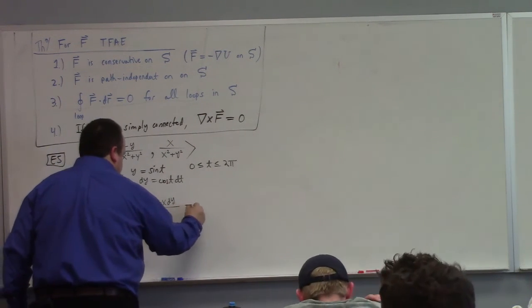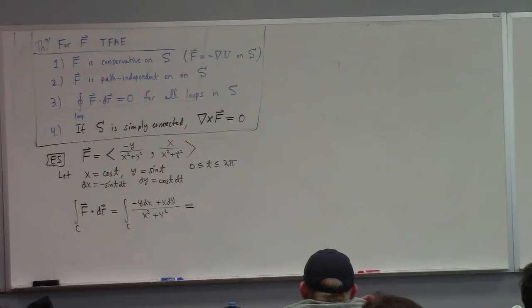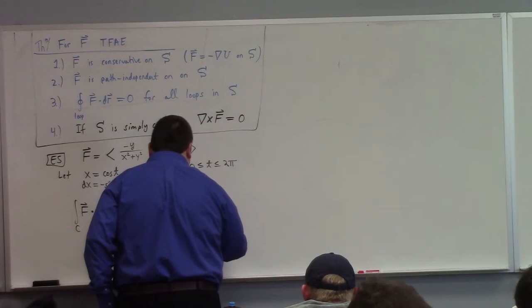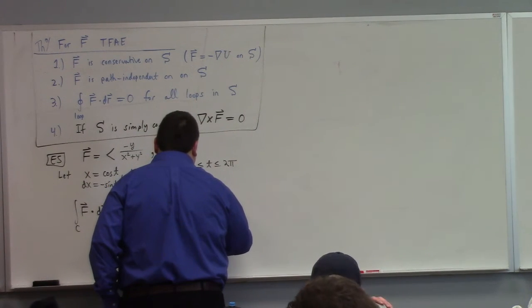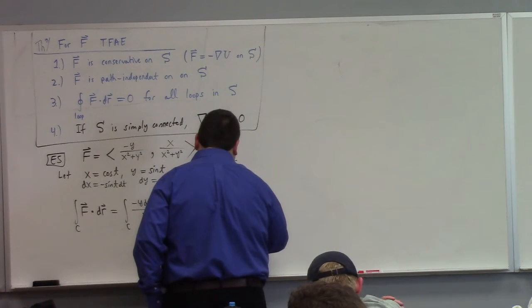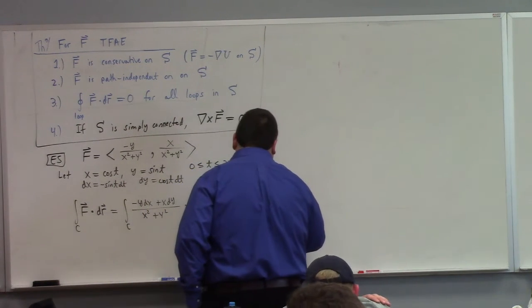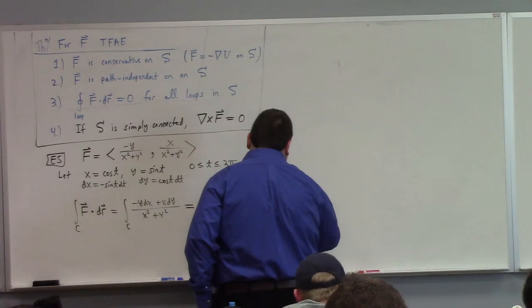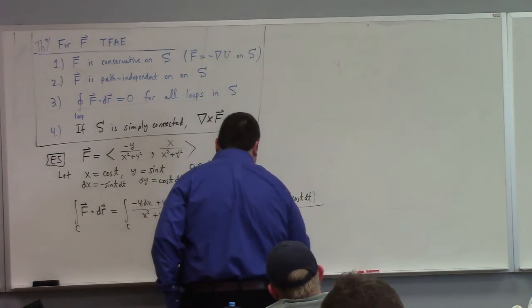But can you guys tell me how that works out? What is x squared plus y squared for the unit circle? 1. That's 1, right? And what's minus y dx? So we get the integral from 0 to 2 pi of minus sine t times minus sine t dt plus cosine t times cosine t dt, all divided by 1.